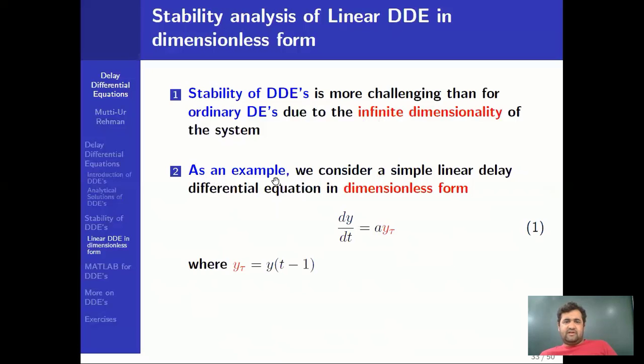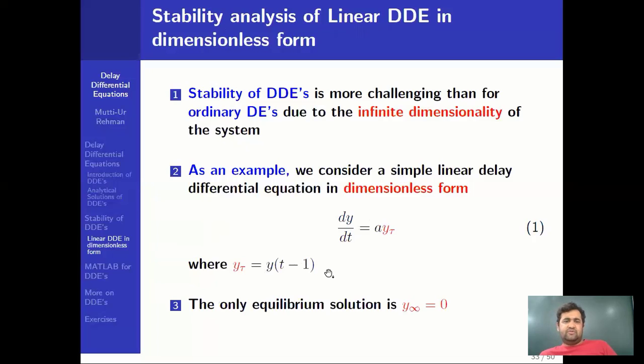So here we take a very simple example. This is linear, of course, and in dimensionless form. So consider this example. Here, this guy is in this particular fashion. Of course, we have the lag, which is 1.